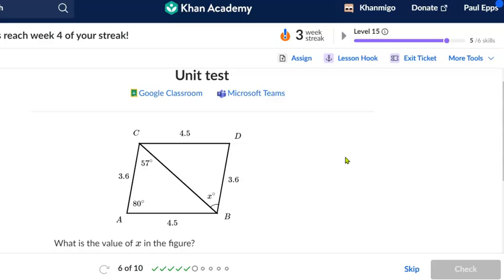Well, you know what? I wonder if there's maybe a couple of ways to do this. No, really the way to do it is to just say, look, these are alternate interior angles. CD and AB are parallel. If you cut them with a transversal like CB, the alternate interior angles, interior meaning inside the parallel lines, are going to be the same.